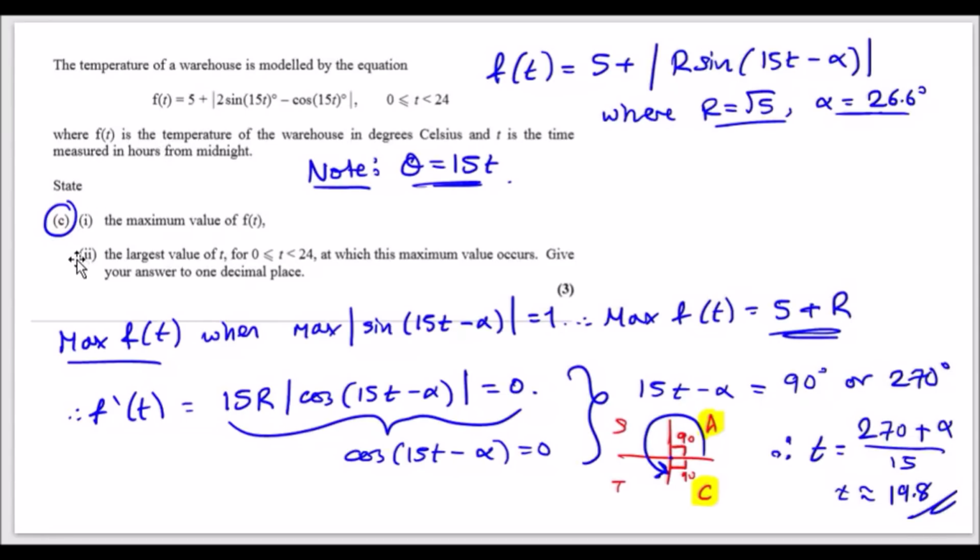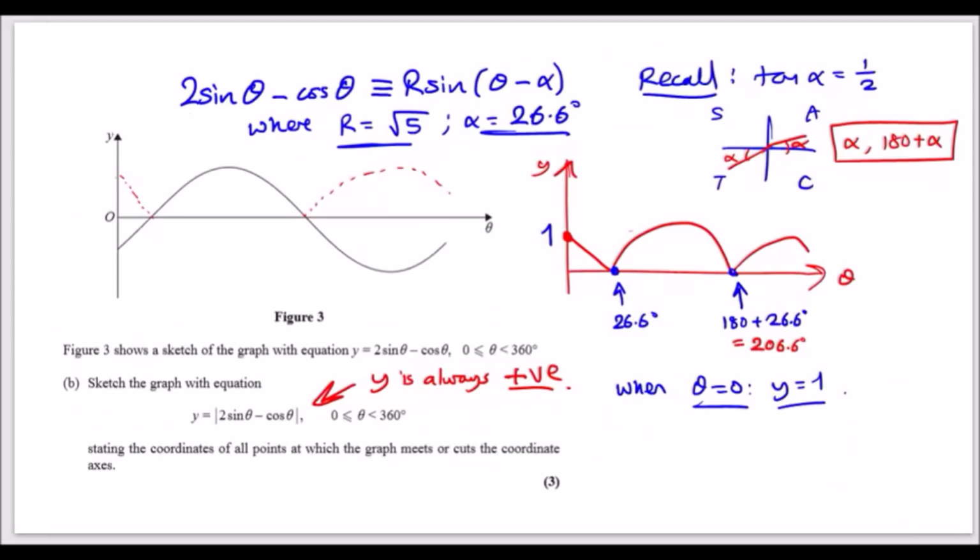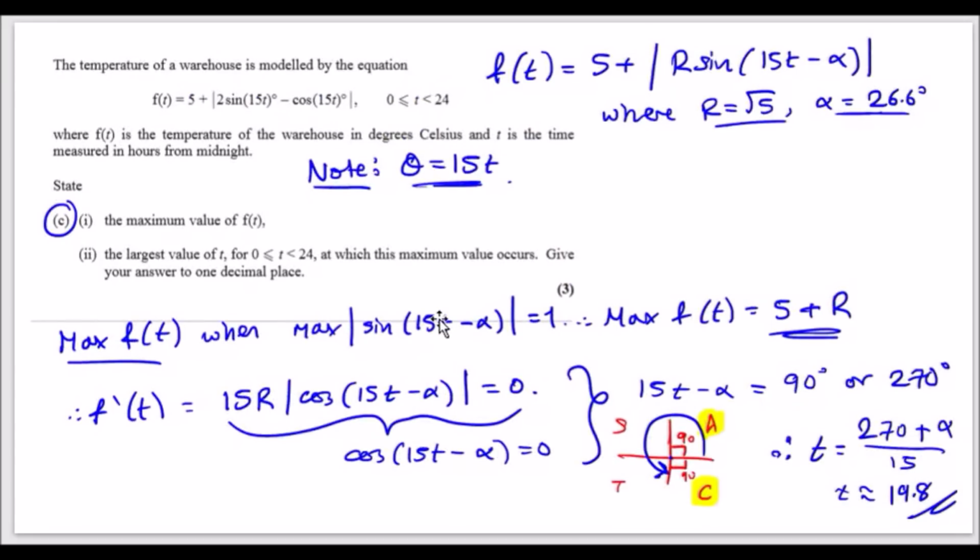Now, next part. State the largest value of t at which this maximum value occurs. What this means is we have to differentiate now, because when you have a maximum and minimum problem, they're always talking about the turning point. So it's probably this turning point here. We need to find this maximum turning point. So just go ahead and differentiate this.